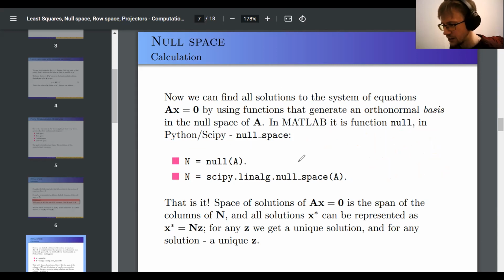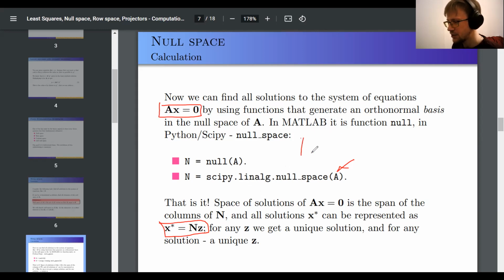So that is all that null space is for us as programmers: just something that you can get from a library. Now, all solutions to this equation can be written like this. X star equals N z, where z is a parameter whose dimensionality is the dimensionality of the null space.